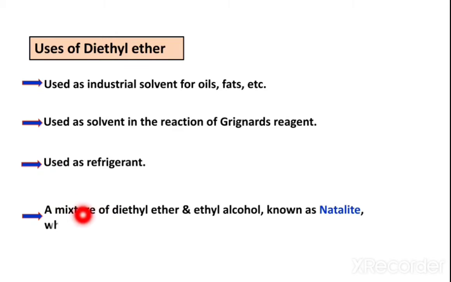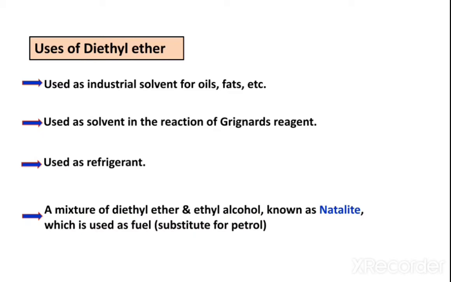Then a mixture of diethyl ether and ethyl alcohol, known as natalite, is used as a fuel substitute for petrol. It is an alternative use. This is about the uses of diethyl ether.